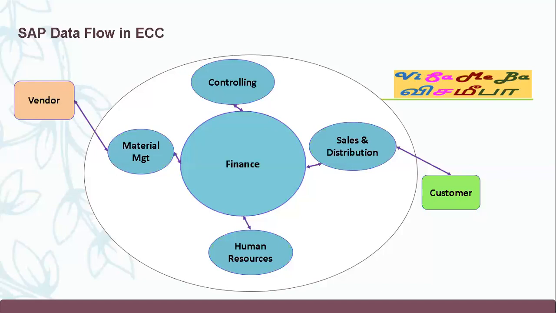So as soon as the customer gives a request asking for a quotation, and confirms that he wants to buy 10 laptops, as soon as this information is fed into the SAP system and the salesperson clicks on save, immediately, because it's a tightly integrated system, a trigger is sent to the material management team, where they check their raw material stock.